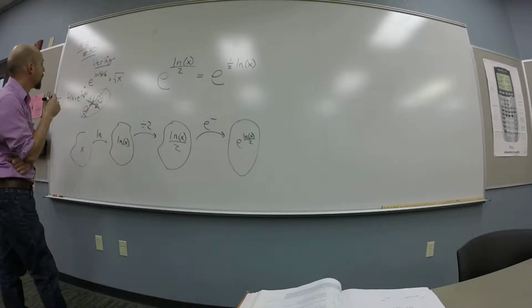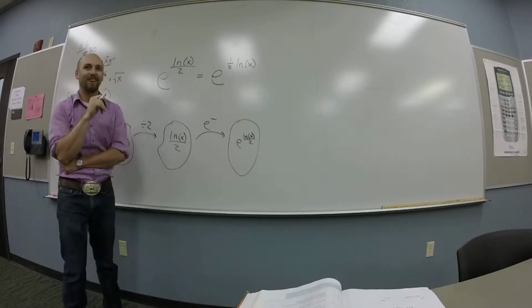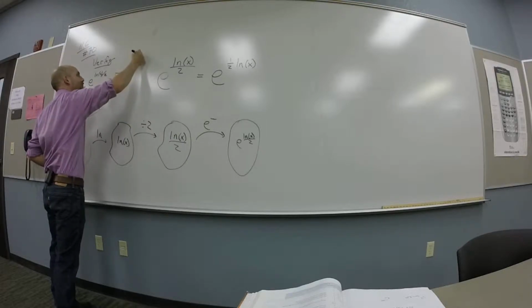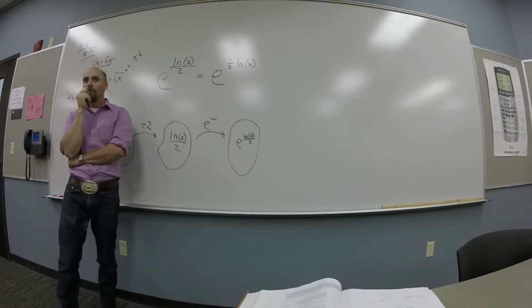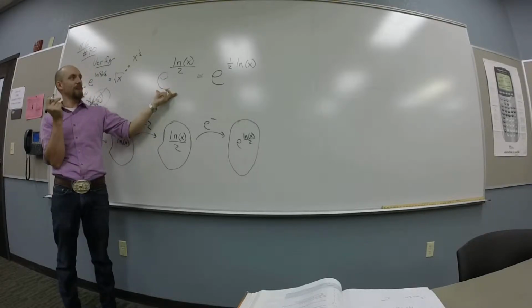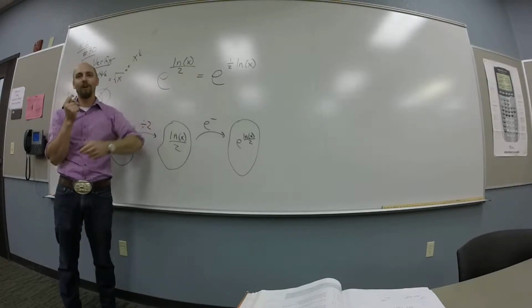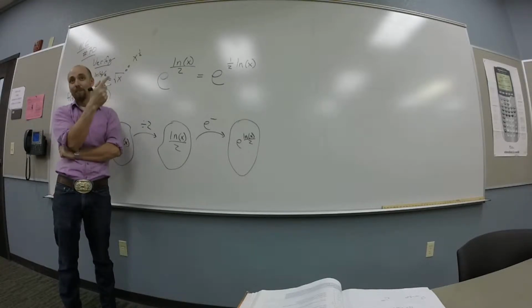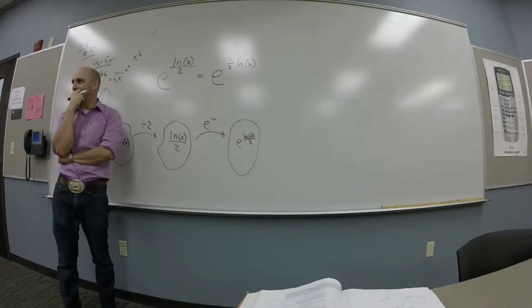So we might think to ourselves, this side is x to the 1/2. When I'm verifying that something is something else, I'm going to have to start with one side and go to the other. Does that make sense? So I'm starting on the left hand, and I'm trying to get to x to the 1/2 power. So that tells me I should probably try to get that 1/2 up in the top, right? How do I do that?